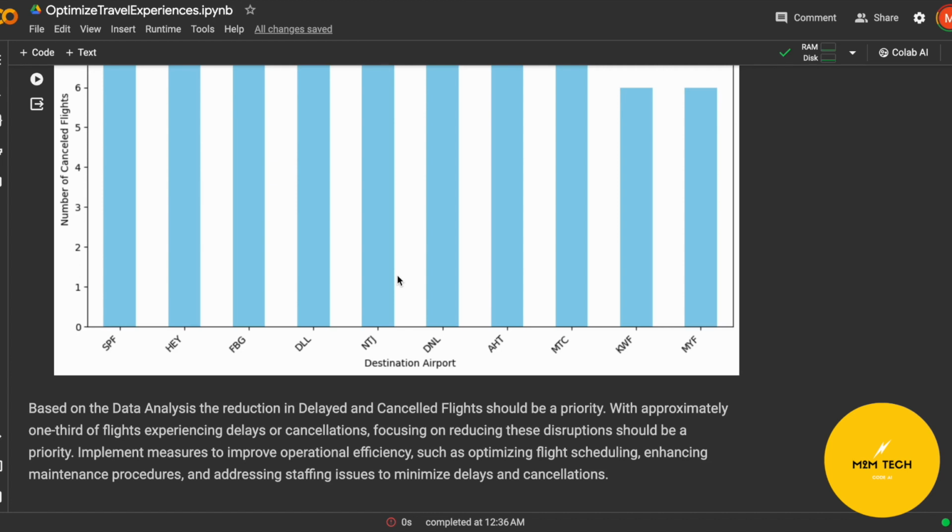The airline can implement measures to improve operational efficiency, such as optimizing flight scheduling, enhancing maintenance procedures, and addressing any staffing issues they might have to minimize these delays and cancellations. I feel it's just taking up the airline's resources, which could be put to better use somewhere else.